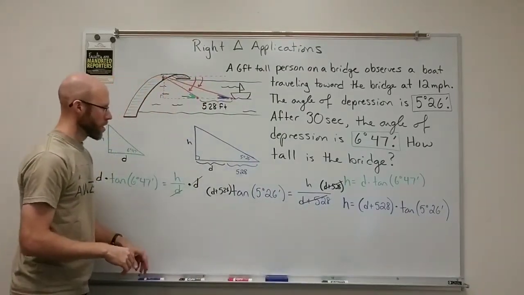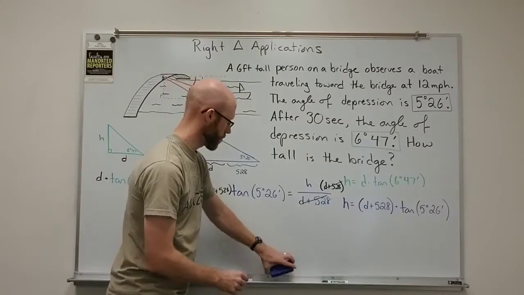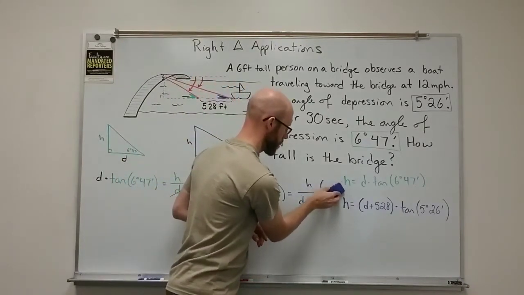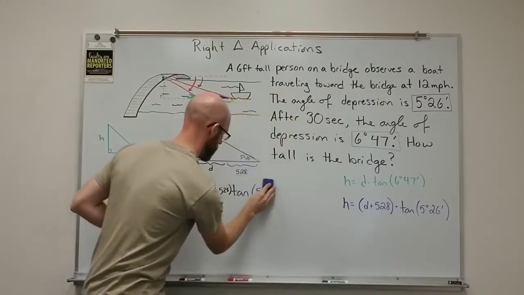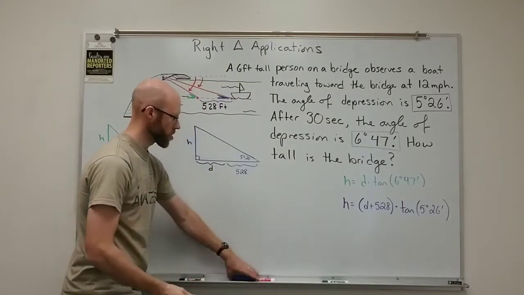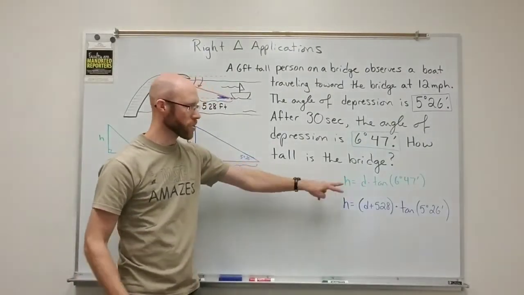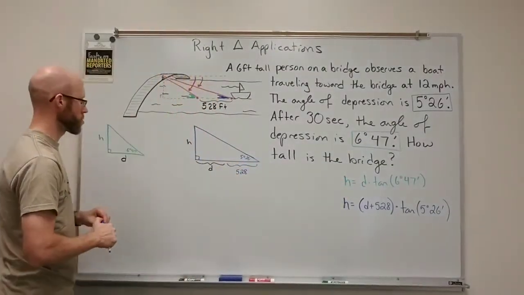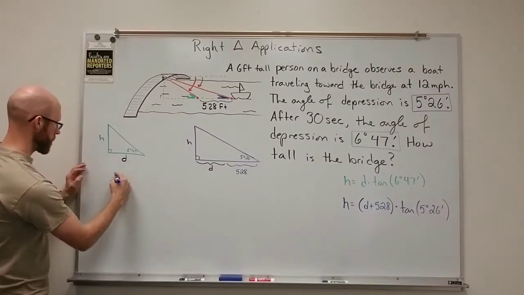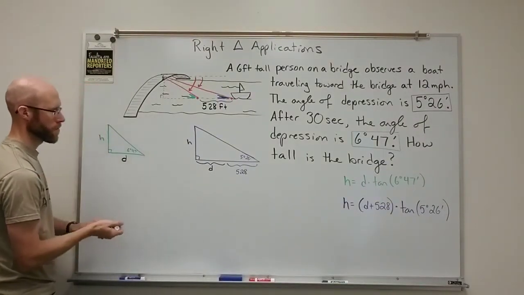Okay, so at this point, I'm going to do a little bit of erasing here. Get rid of this setup. And now I can solve the corresponding equation, right? So if these two things are equal to h, then they're equal to each other, and I can solve them. So I get d, I want this in black marker.